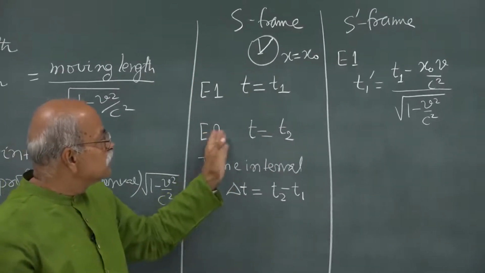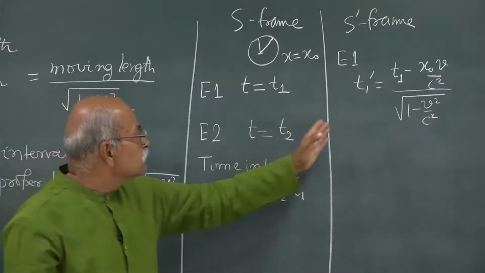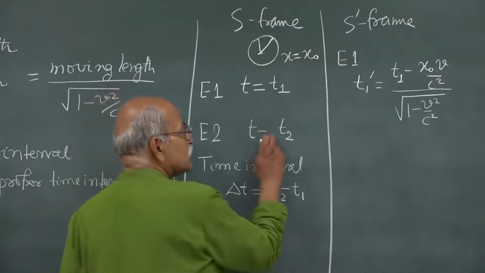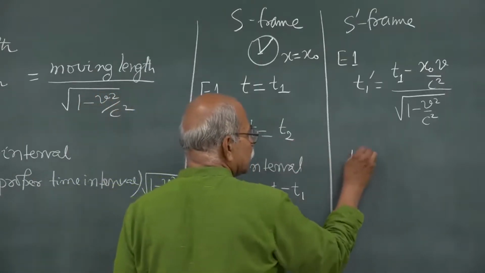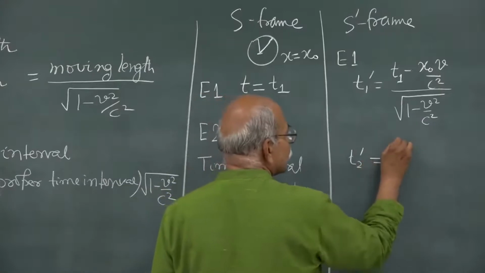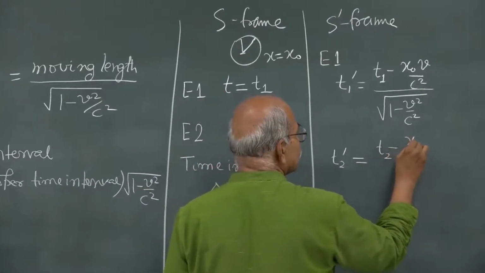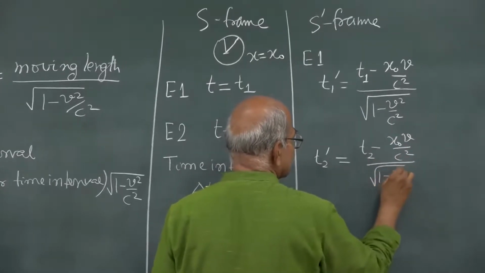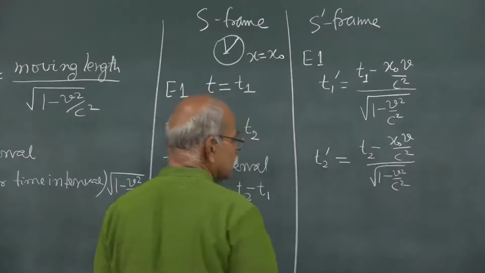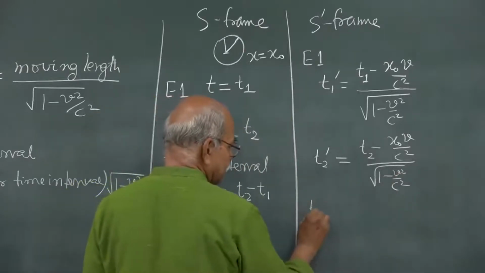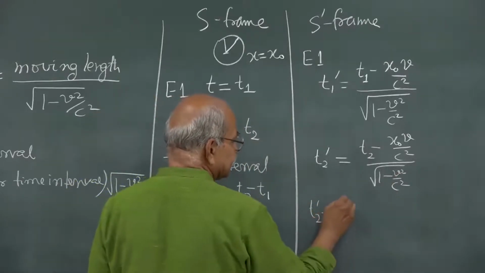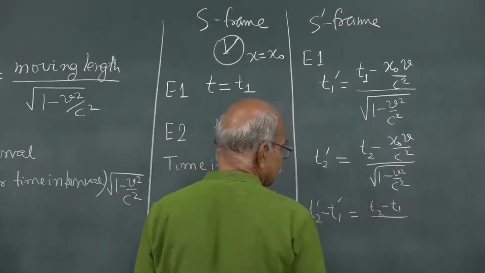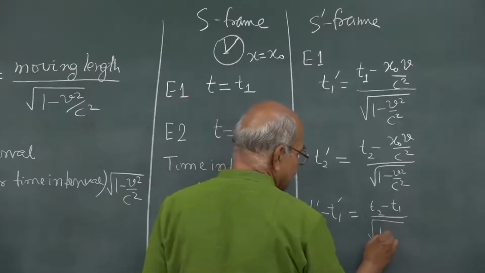If this event E2 is looked at from this S prime, and the question is asked when did this occur, the time will be t2 prime equal to t2 minus x naught v by c square, divided by square root 1 minus v square by c square, and therefore, t2 prime minus t1 prime is equal to t2 minus t1 divided by square root 1 minus v square by c square.